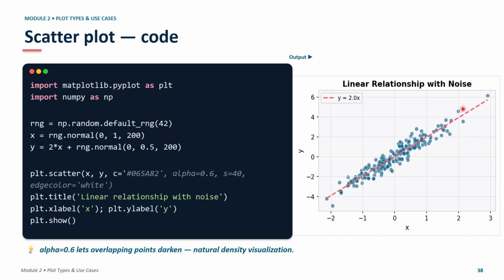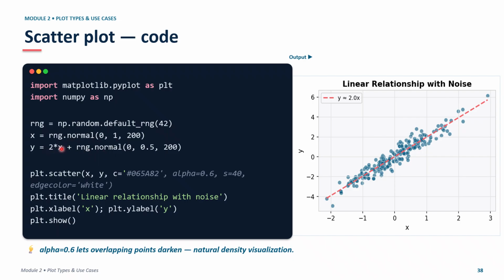And the next line: y is equal to 2 times x plus rng.normal of 0, 0.5, 200. So this y is 2 times x plus some noise.